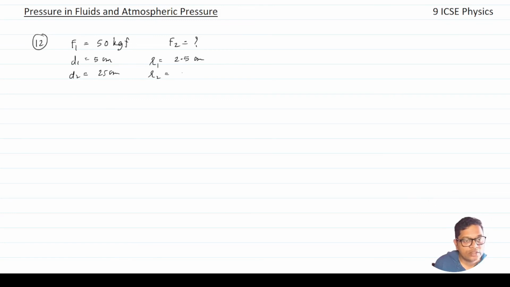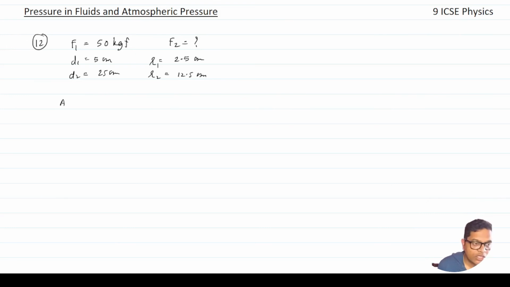we have been given that F1 is 50 kgf. They are asking us to calculate F2. Now the diameter is 5 centimeter, so therefore the radius will be 2.5 centimeter. The second diameter is 25 centimeter, so the radius will be 12.5 centimeter.